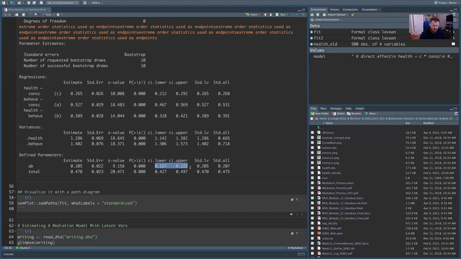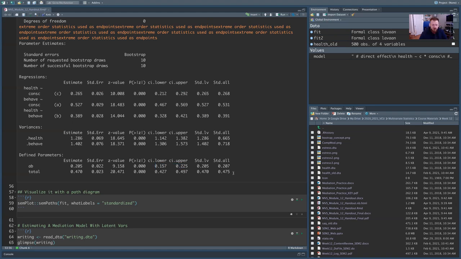So that is indeed a good estimate, a statistically significant estimate. So long story short, that's basically what we're looking for when we're trying to figure out whether or not this is a statistically significant indirect relationship in a mediation model.